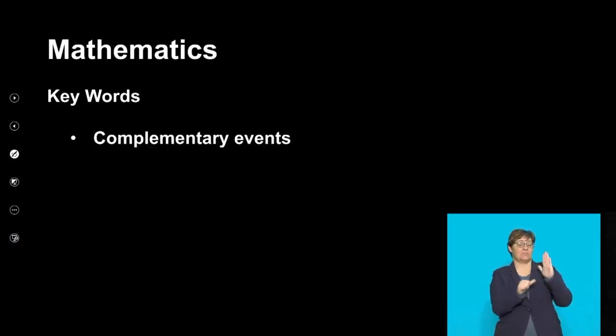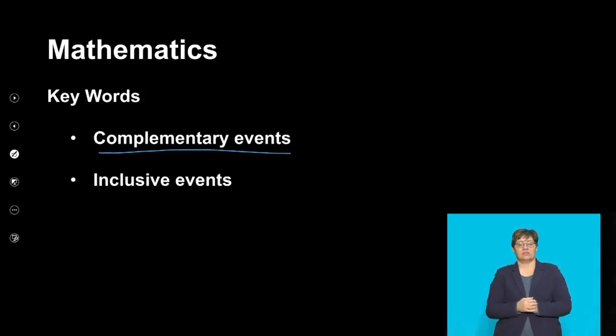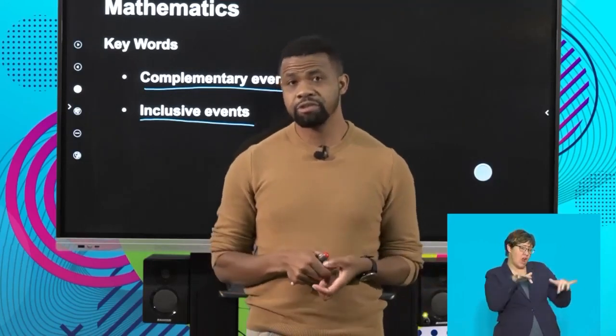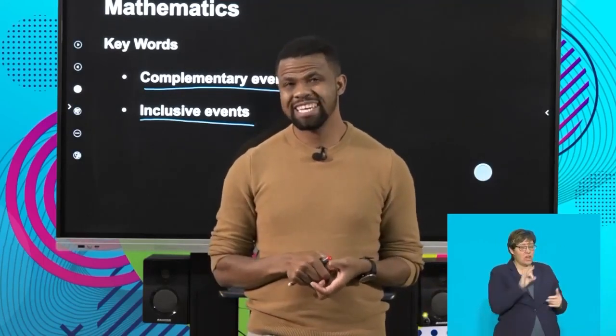And let's look at some more keywords: complementary event and mutually exclusive event. We'll define this later when we look at the summary. Think of complementary this way: if the probability that it will rain today is 30%, what is the complement of that?